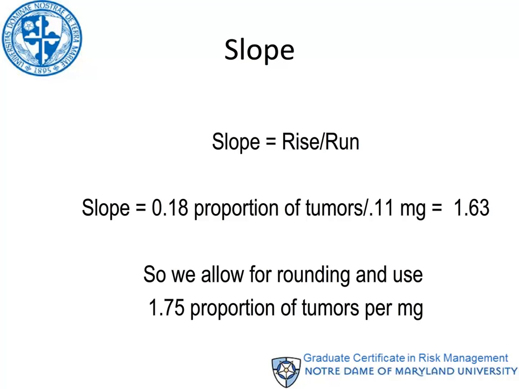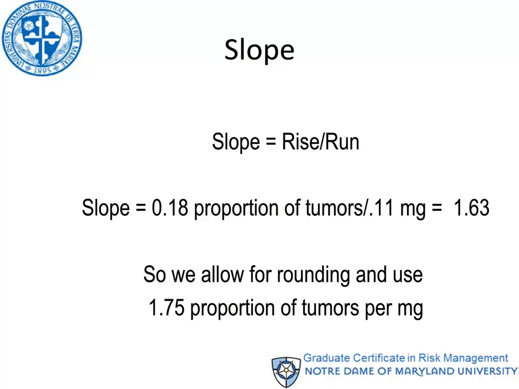If you use those numbers, you would get a 1.63. I point that out because there are always people who would like to be able to duplicate the numbers from the graph, and you simply can't do that because of rounding. So we're going to be using the 1.75 as a proportion of tumors per milligram.